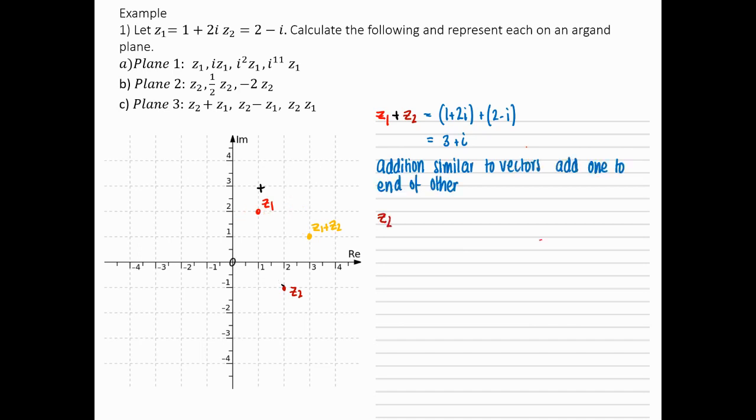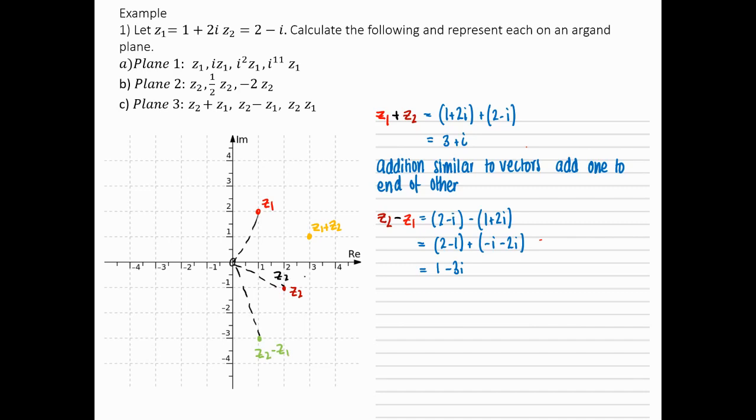Let's have z2 this time, subtract z1. Again, algebraically, we'll have 2 minus i minus (1 plus 2i). Let's have a look at where this point ends up. So this time 1 across to the right, 3 down. I'm still in quadrant 4, but I'm all the way further downwards here. Let's bring our distances from the origin back in.